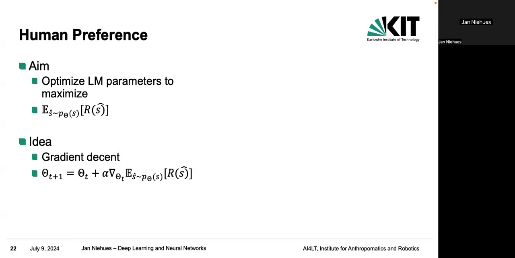We can just adapt our neural network learning strategy, so we do gradient descent. We take our current parameters and change them based on the derivative of this. That seems very similar to what we did before, where we had some loss function we wanted to optimize. Now we have this expected reward. So that seems good as a first step.